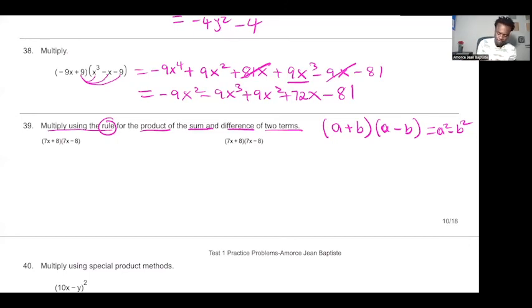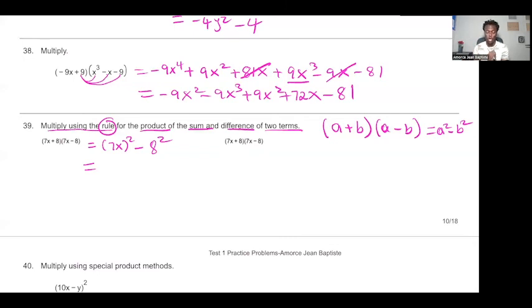So that said, that's going to be 7x squared minus 8 squared. See how easy is that? And some of you may ask, why does he put parentheses with the first term, and the second one, no parentheses? Well, the first term is two factors.